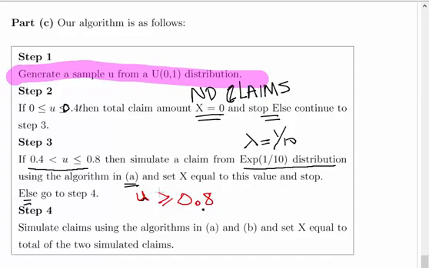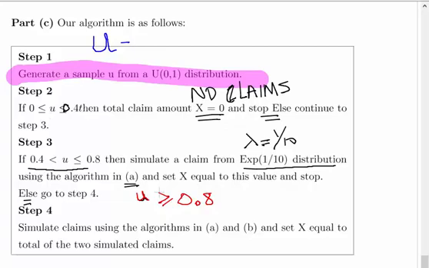We simulate claims using the algorithms in A and B, and then set x equal to the total of those two simulated claims. Now, just as a remark, for this flow chart, we have one uniform random variable just to decide if it's 0 claims, 1 claim, or 2 claims.